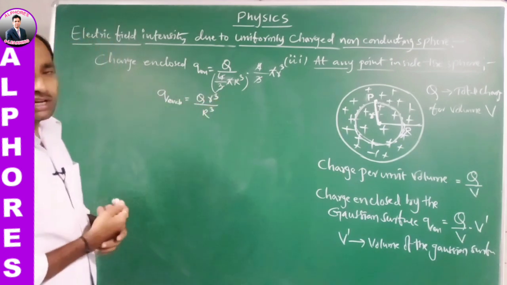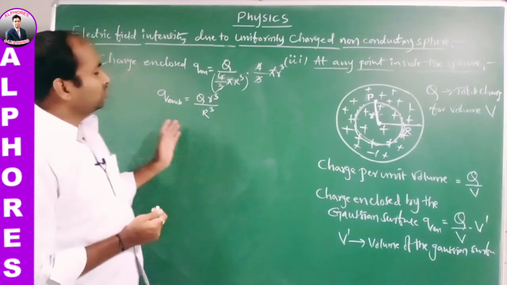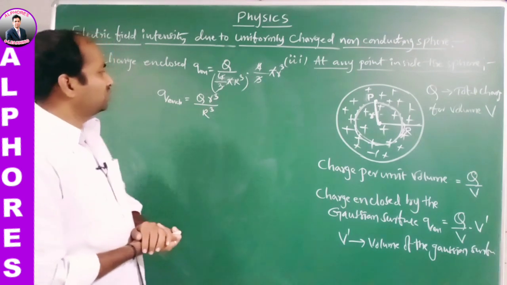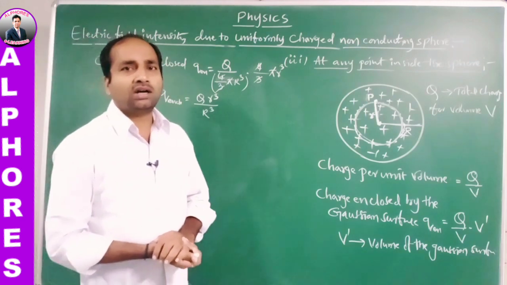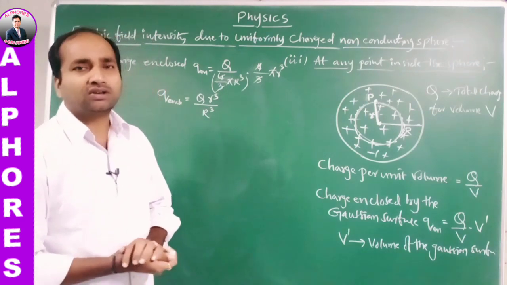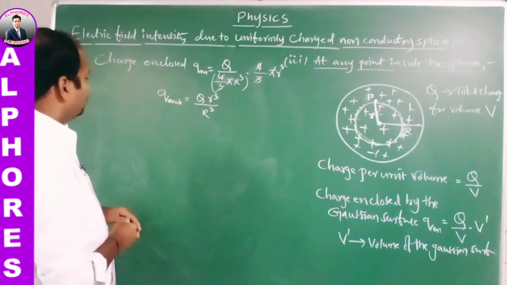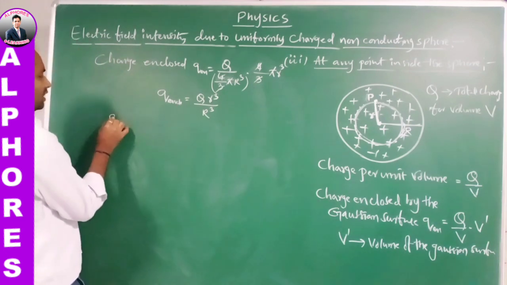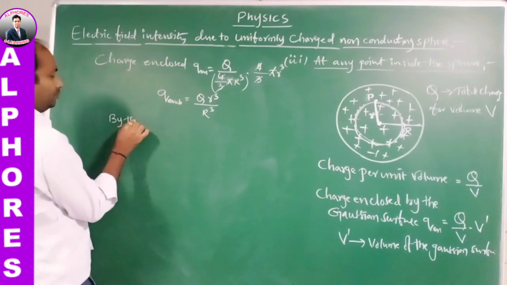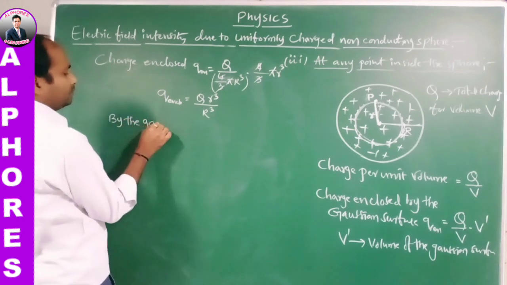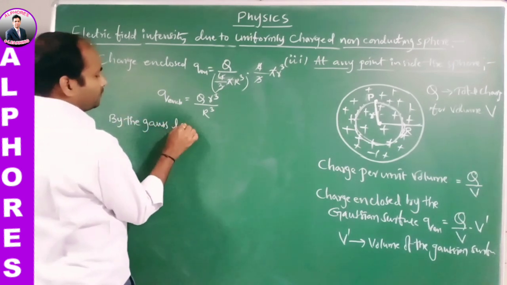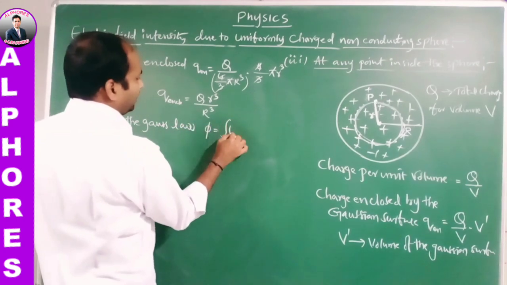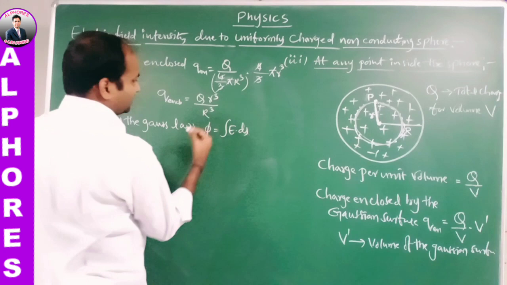Now what is the statement of Gauss law? The total flux passing through any closed surface is equal to 1 by epsilon naught times the net charge enclosed by the surface. So by using Gauss law, flux phi is equal to the integral of E dot ds.